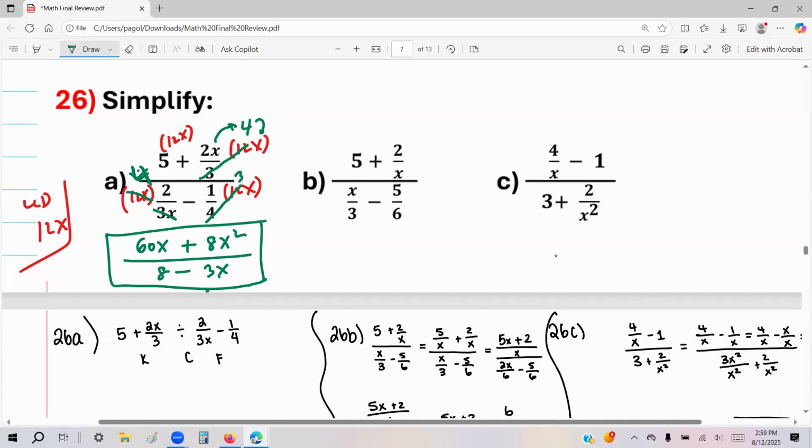Did I make a mistake? Let's factor 12: 12 is 12x and 3. So look at all the denominators. Our first denominator was 3, then 3x, then 4. When you get to the third step, you get 15 plus 2x.